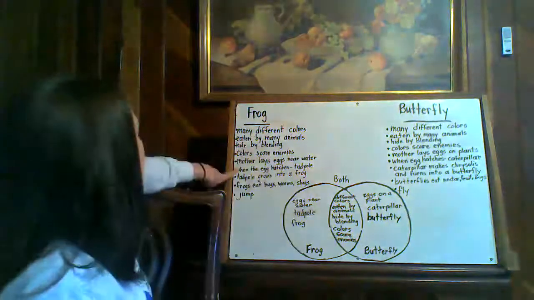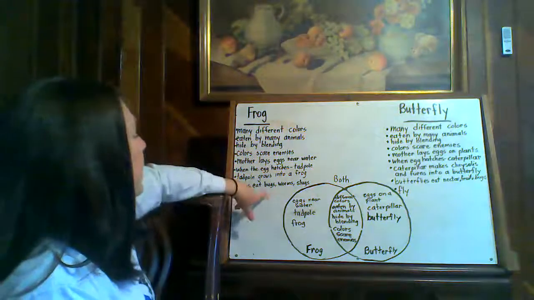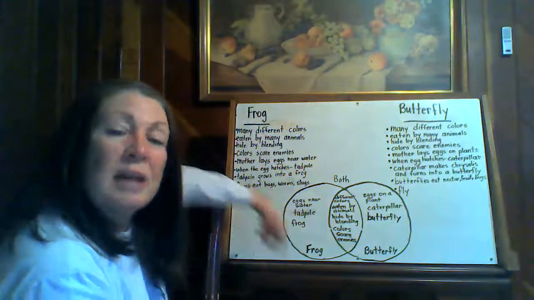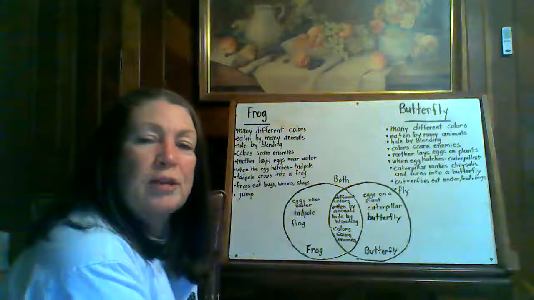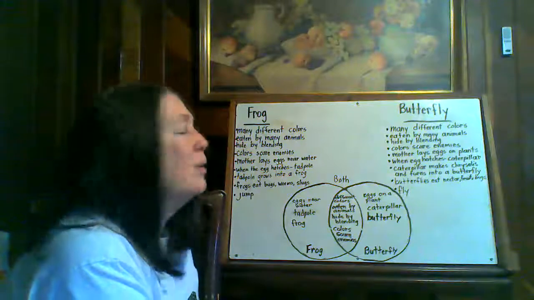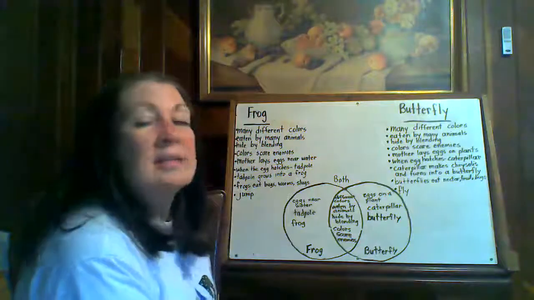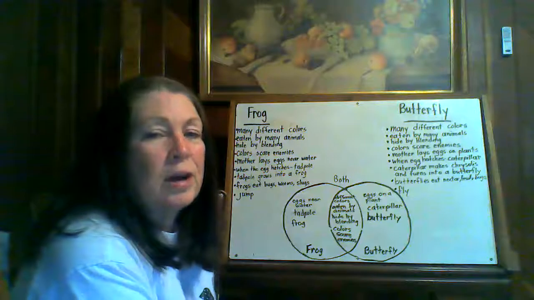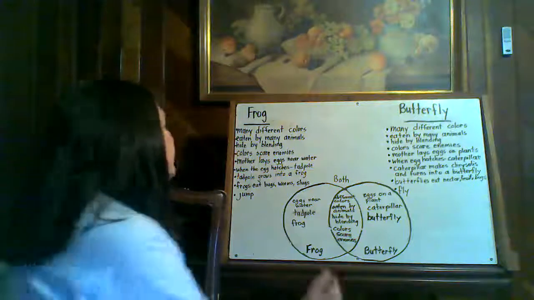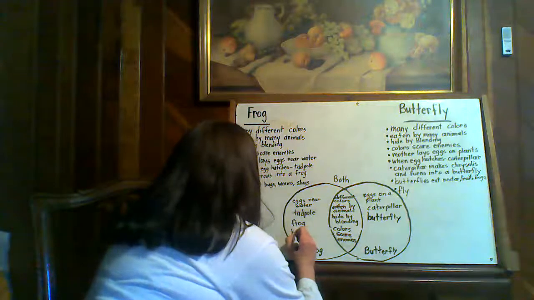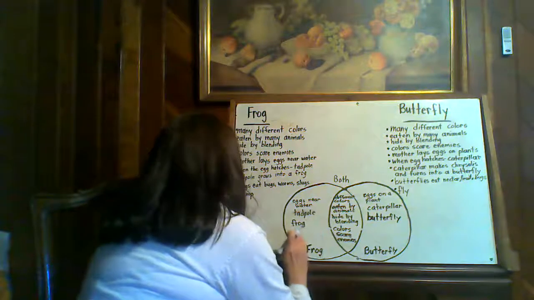Well, frogs eat bugs, worms, slugs, spiders, snails, all those things. Is that the same thing that a butterfly eats? No. Butterflies eat nectar, fruit, and they eat dead bugs. I think frogs like to eat live bugs. So we're going to put down eat bugs.